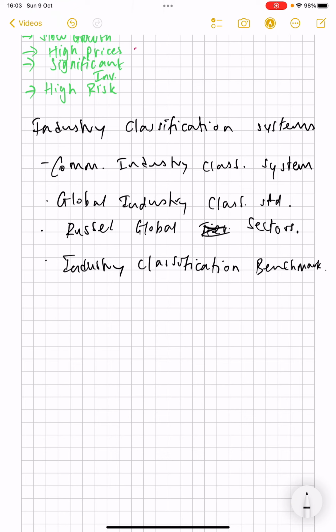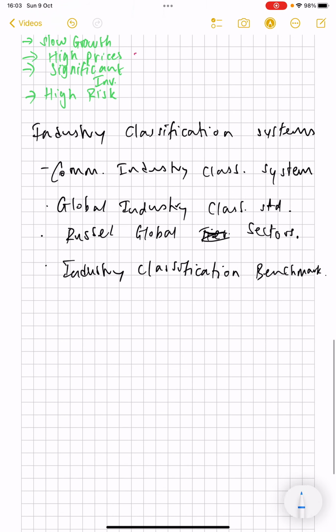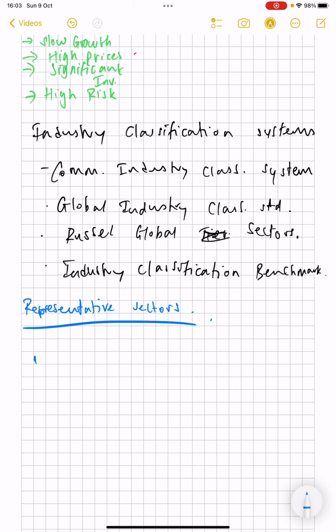In terms of industry classification system, we have the representative sectors. So first, an example is basic materials and processing.